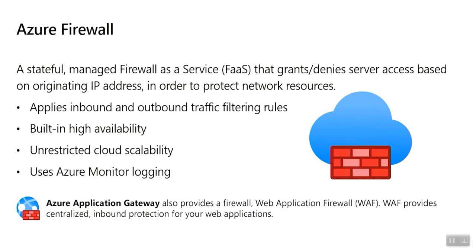So this is on the perimeter. You only need to worry about one because you have unlimited cloud scalability and it's already highly available. It's connected to Azure Monitor, so all of the reports coming in from your firewall go straight into Azure Monitor.